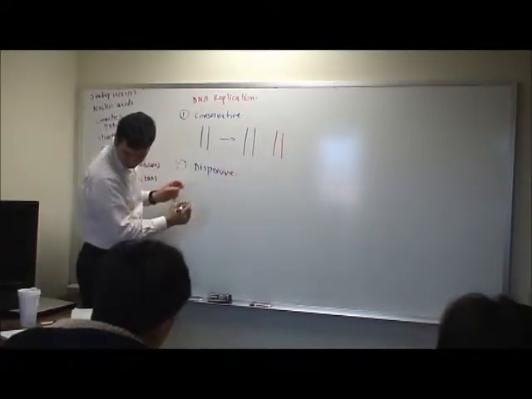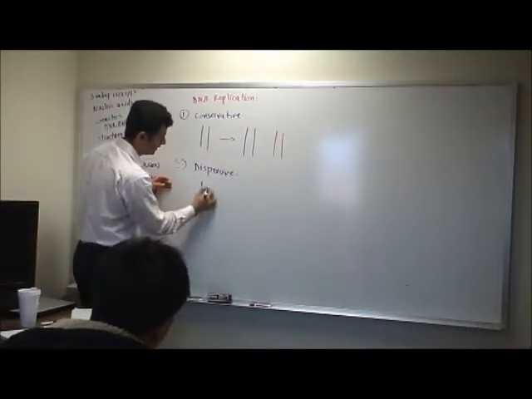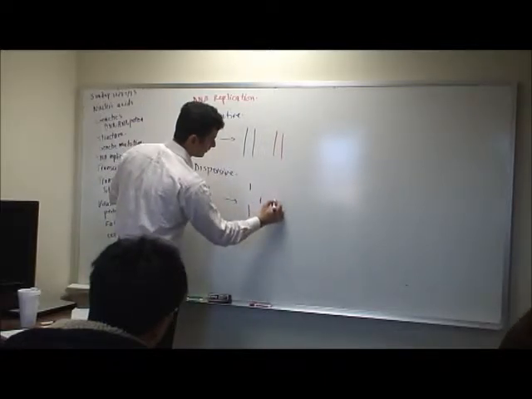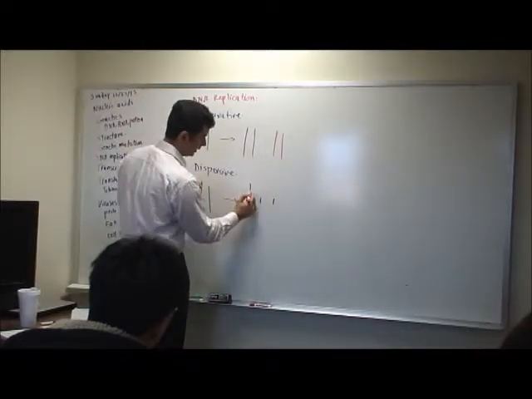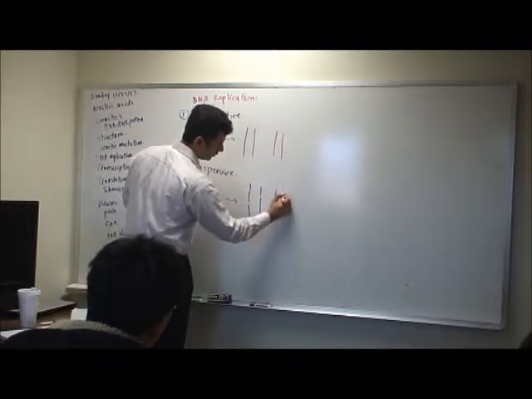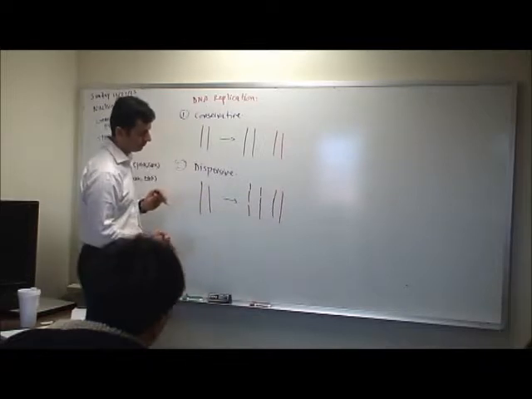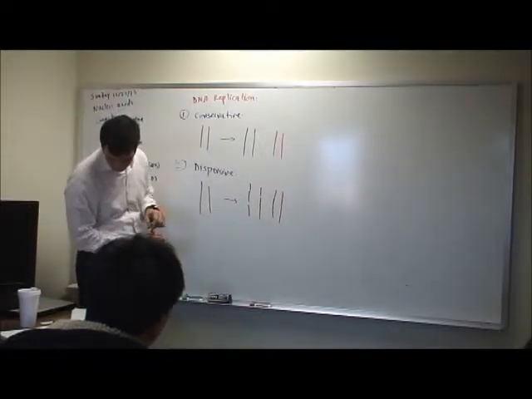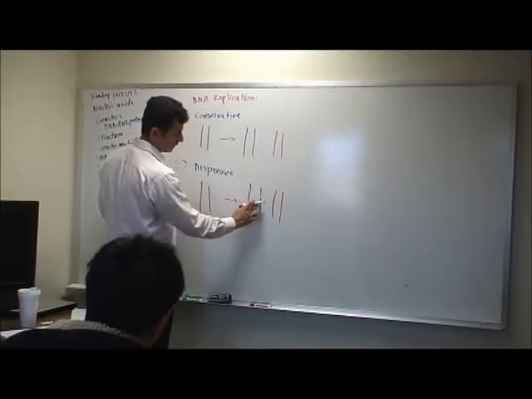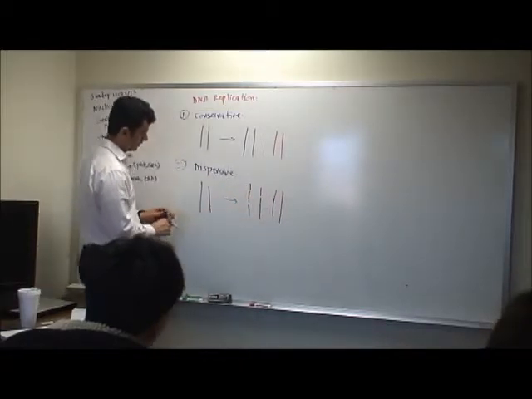Dispersive is that if this is the DNA model, the new DNA would be made off of this way. That's the idea of dispersive.